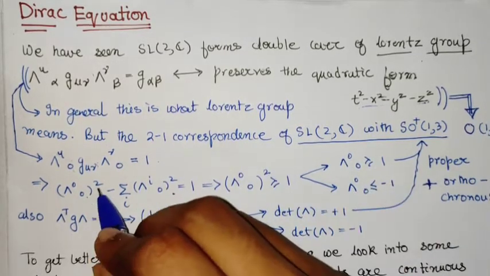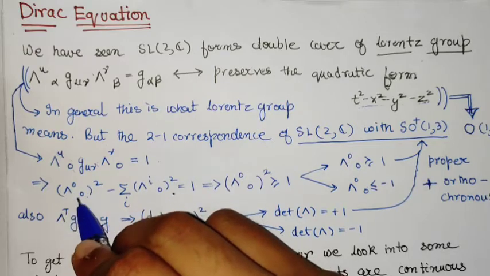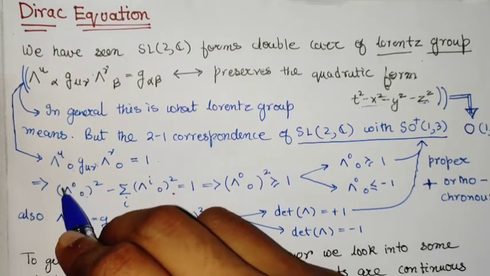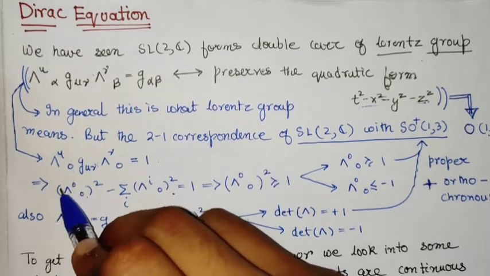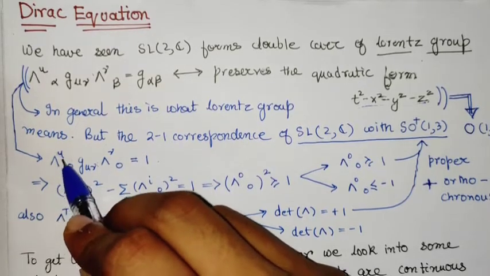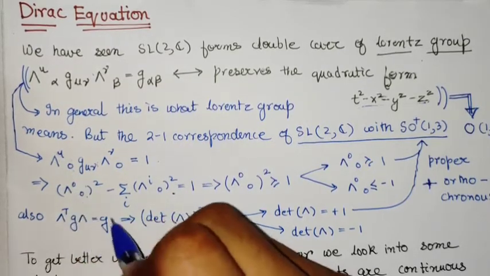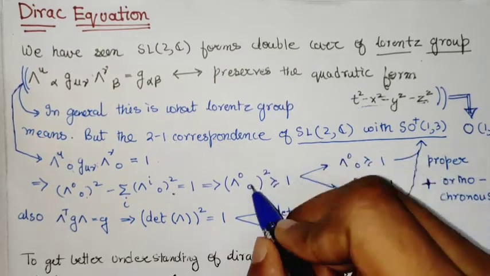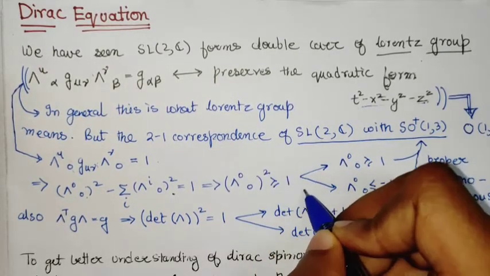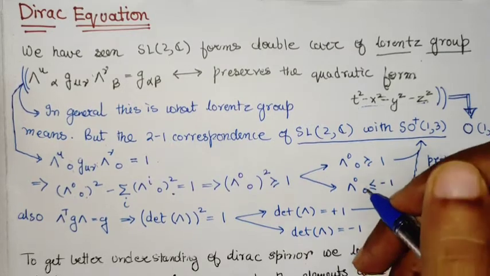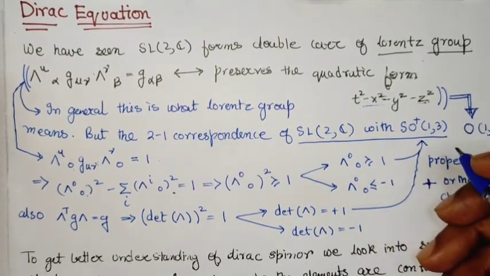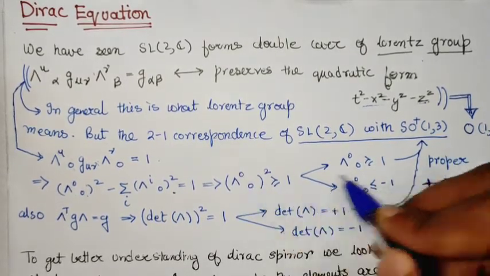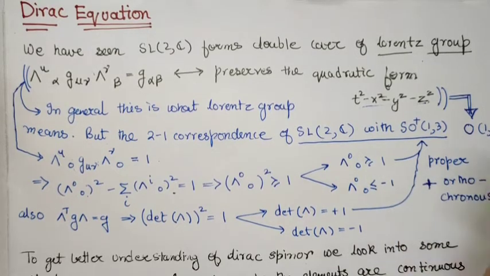That means the 0 component of any Lorentz group element, lambda mu nu, the component squared will always be greater than or equal to 1. Now this can mean two things. One is that the component is greater than 1, or it is less than minus 1.